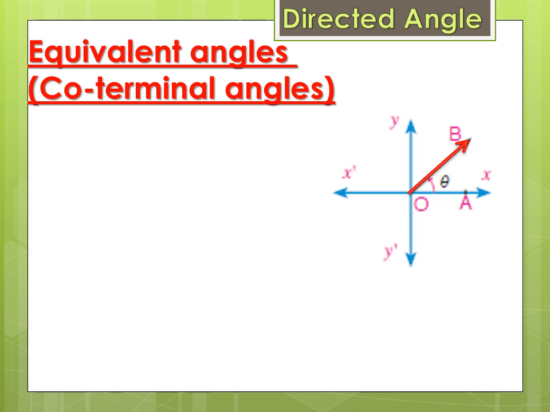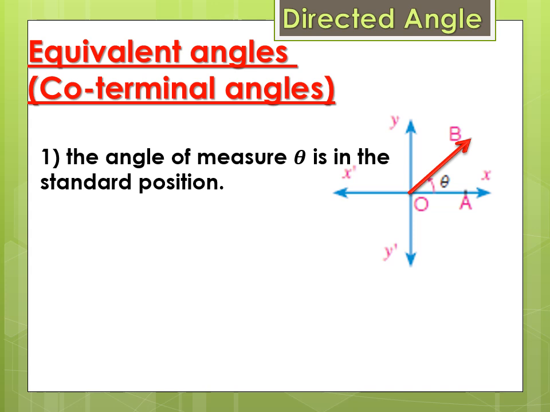Equivalent angles, co-terminal angles. Equivalent angles mean that when you move the terminal side and stop again in the same position, you have two or more equivalent angles. The angle of measure theta here is in the standard position.